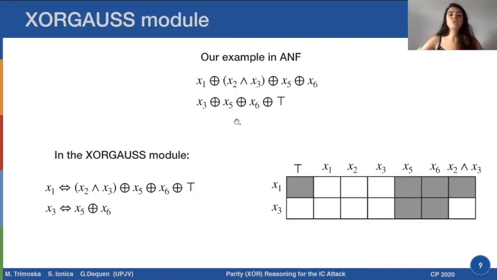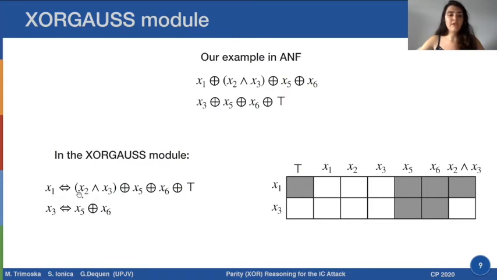So to do this, we will use the example from before in algebraic normal form this time. The XOR clauses in our solver are implemented as equivalence classes. This means that we take each clause and then we choose a representative for this clause. For example, here we chose x1, and then we describe the equivalence class as such.